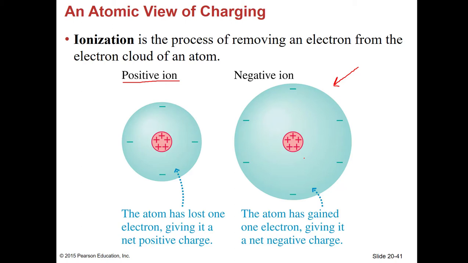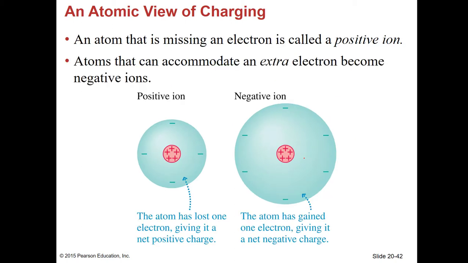When things become ionized, they're either positively or negatively charged. And it just depends on the nucleus. So an atom that's missing an electron is called a positive ion. Atoms that can accommodate an extra electron become negative ions. And you can see that from this picture here as well. Count up the amount of negative and positive charges.